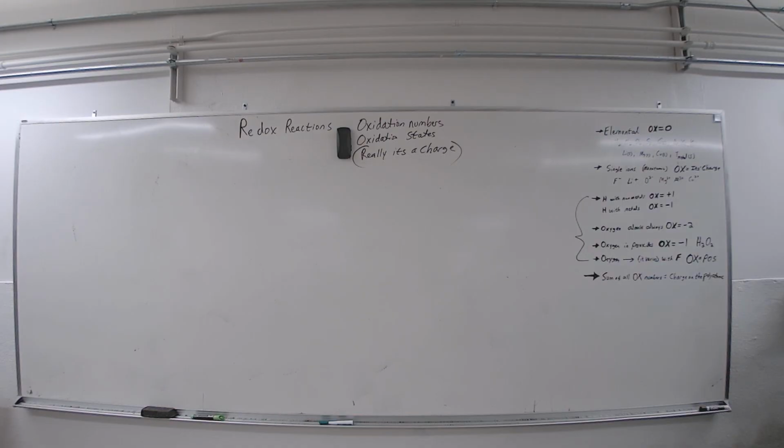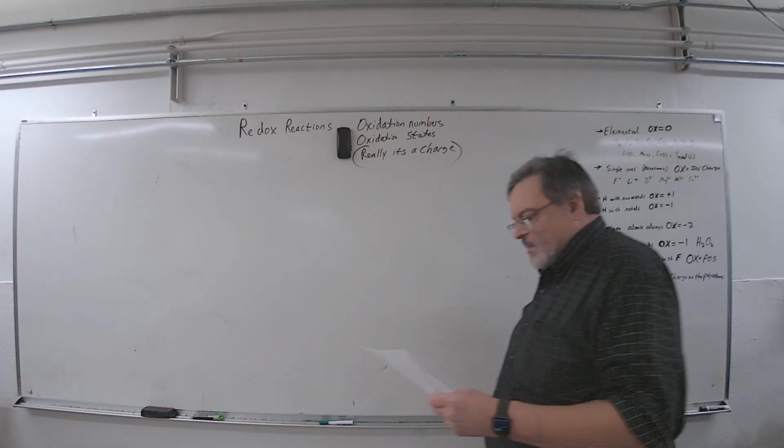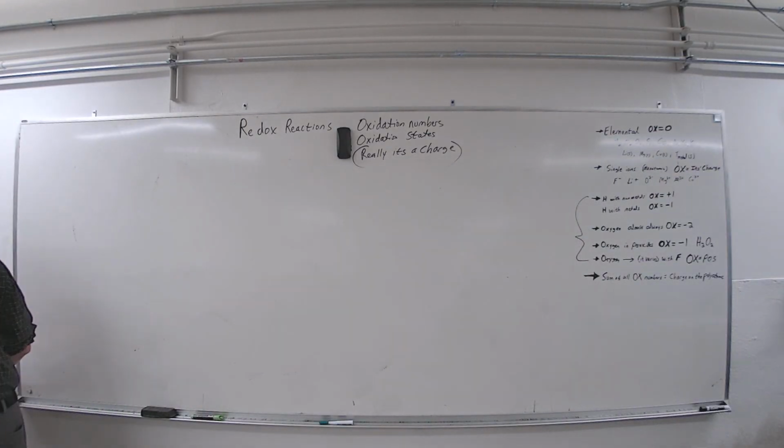Oxidation numbers. So the first skill to know to deal with redox reactions. There's a page in here where I have just a bunch of different compounds, and I'll show you how this works.